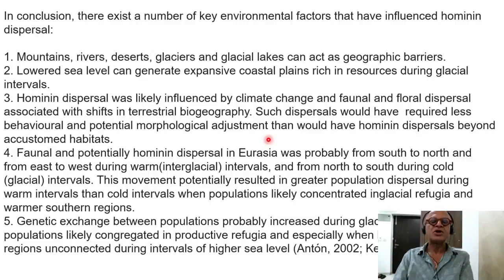But let's conclude the chapter with these main points. There exist a number of key environmental factors that have influenced hominin dispersal. Mountains, rivers, deserts, glaciers, and glacial lakes can act as geographic barriers, which can also become bottlenecks for genetic limitations from one population to the one that is moving out.